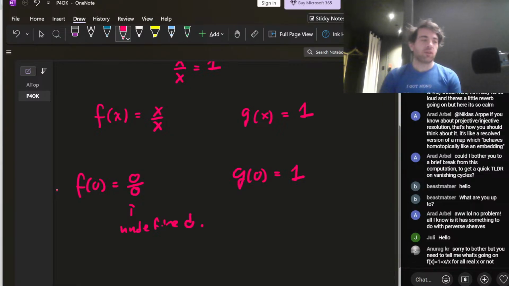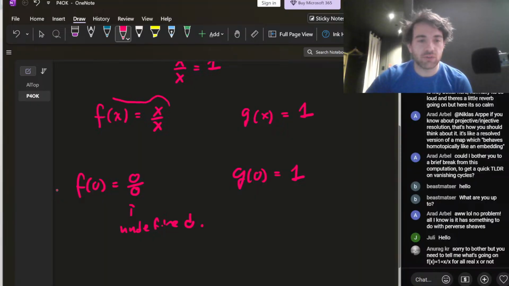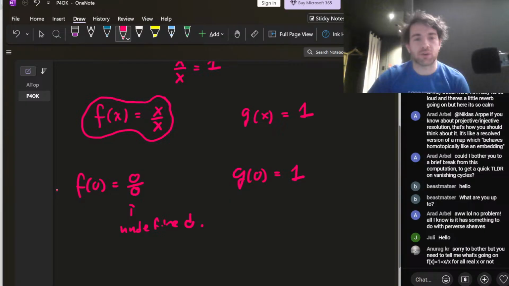Right? So as written, you don't want to substitute 0 into this equation. You'd want to simplify it first, I suppose. What's a good way to explain this actually?